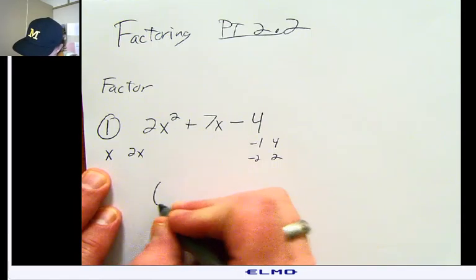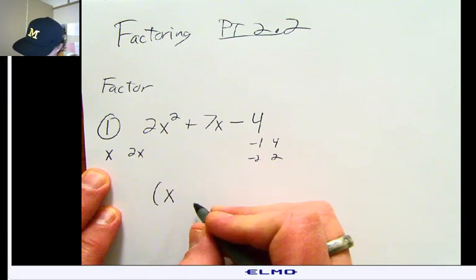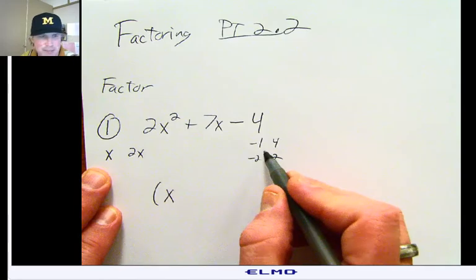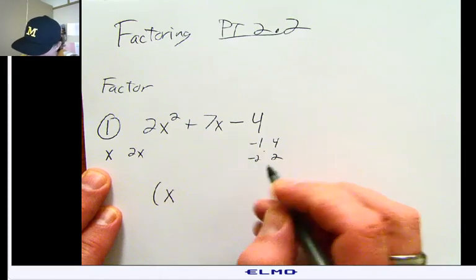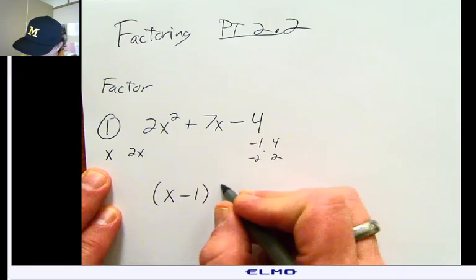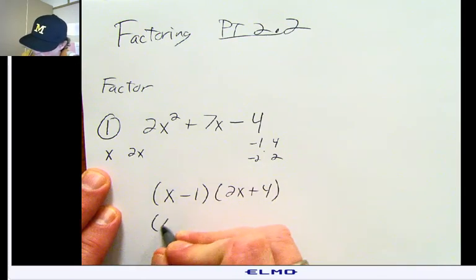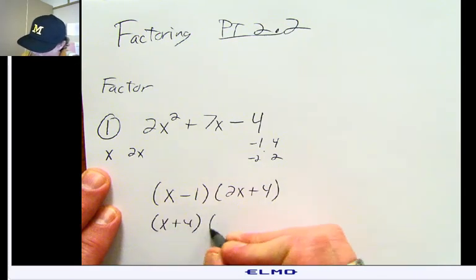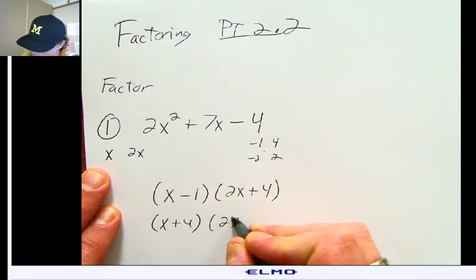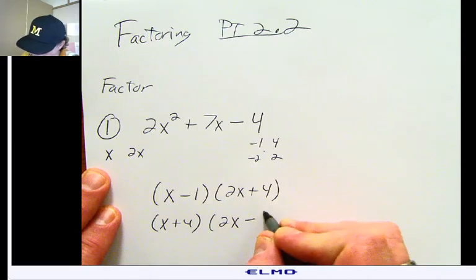So maybe x and 2x matches up with negative 1 and 4. So x minus 1 and 2x plus 4, or x plus 4 and 2x minus 1.